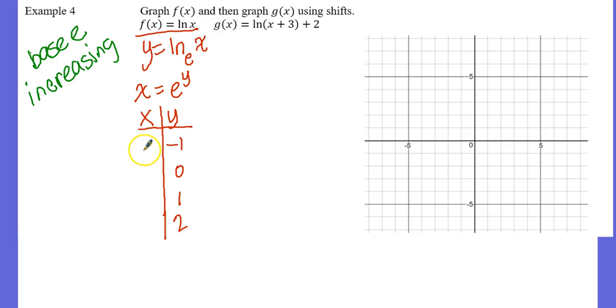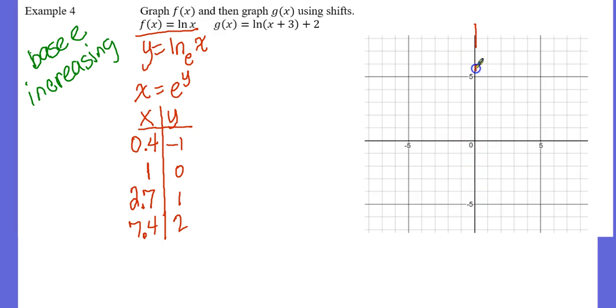And e to the -1 is 0.4 if I round it to the tenth place, which is okay when you're graphing. e to the 0 is 1. e to the 1 is 2.7. And e squared is 7.4. These are just rounded to the tenth place so that we can get a good estimate of where our graph goes.